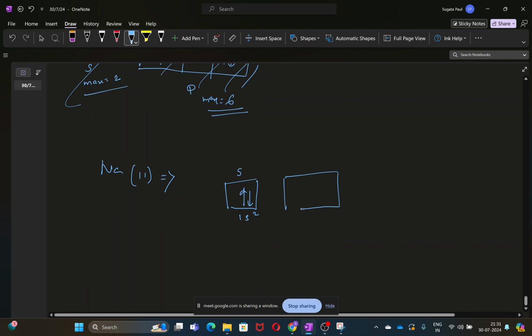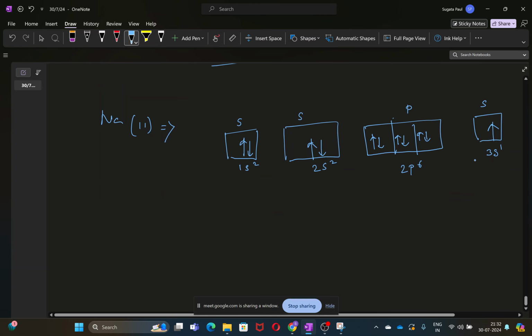Then 2s2, again an s orbital with 2 electrons. Then 2p6, a p orbital with 3 components, each component having 2 electrons, fully occupied. So 2 into 3 compartments, 2p6. And lastly there is 3s1. So there is only a single electron in this s orbital.